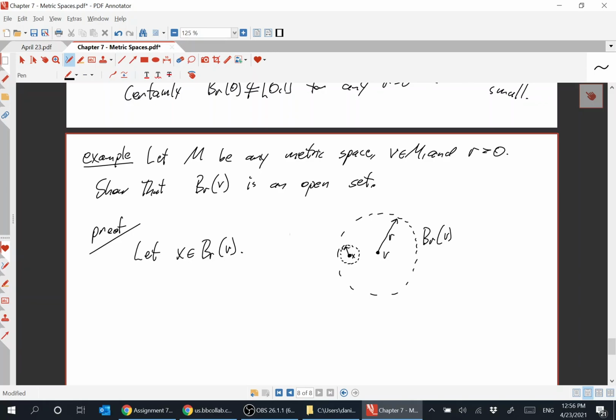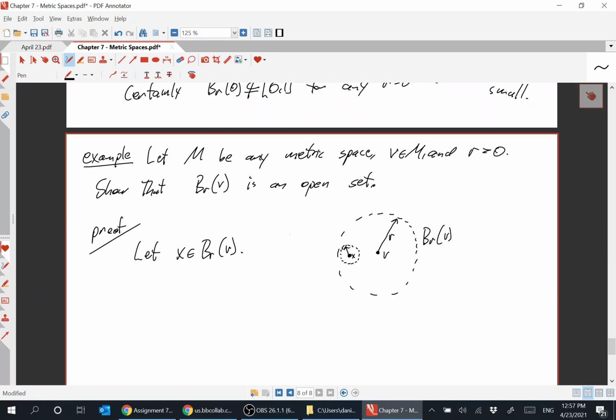There are only four properties in a metric space, and they all deal with distance.